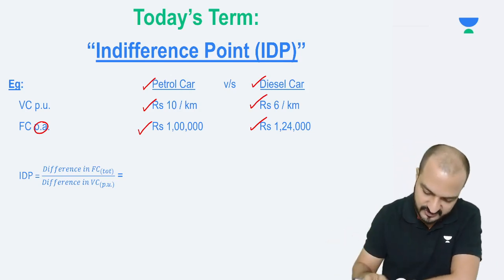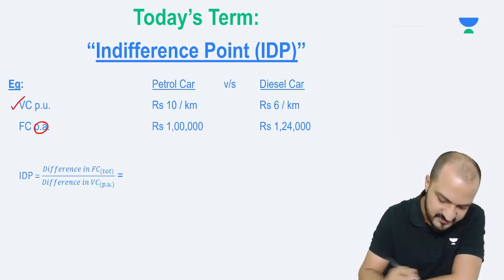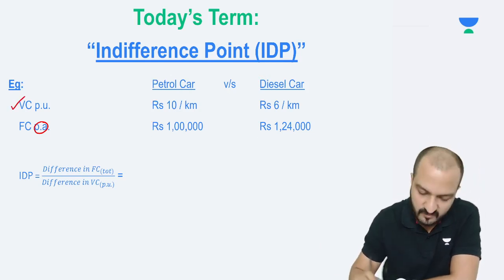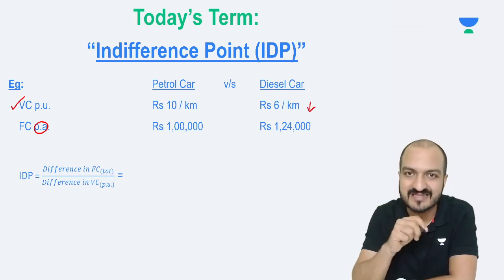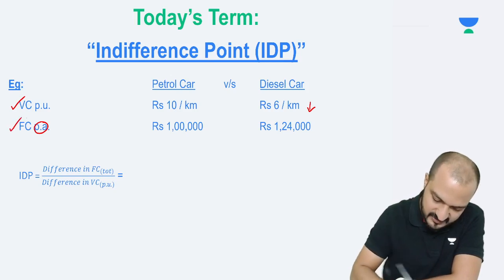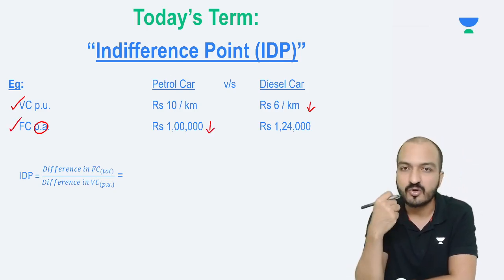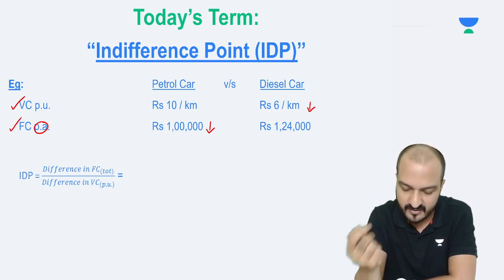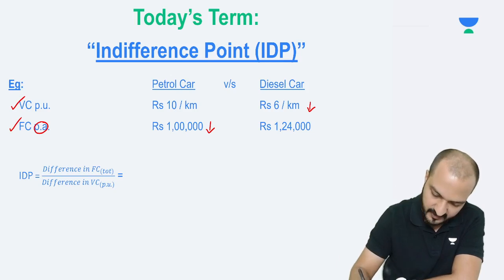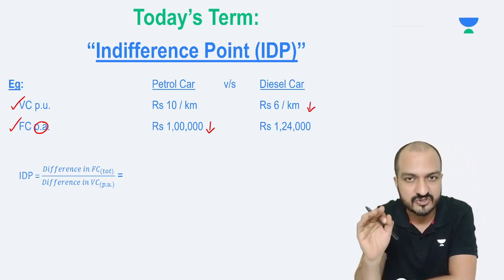So you notice that with respect to variable cost, the diesel car is cheaper, running expenses are less. But with respect to fixed cost, my petrol car is cheaper. Your annual expense, purchase cost, service cost will be less. So the diesel car is better when you compare the running expense. The petrol car is better when you compare the fixed charges.